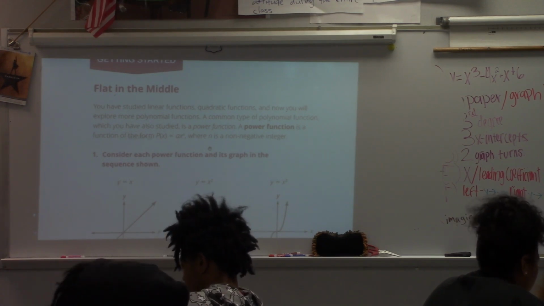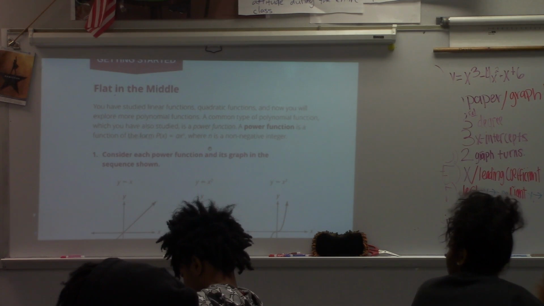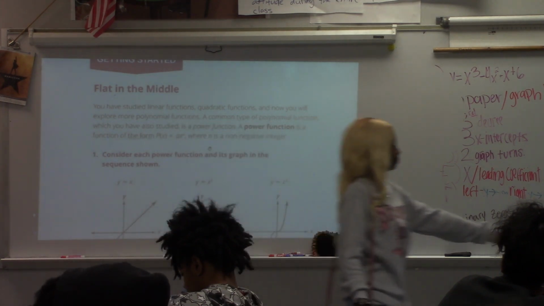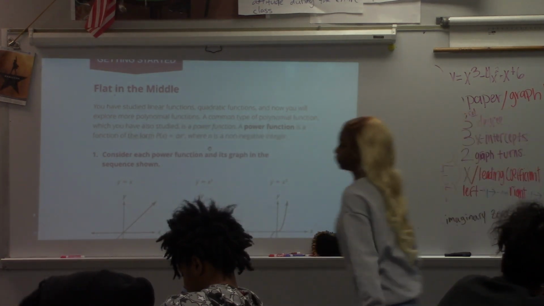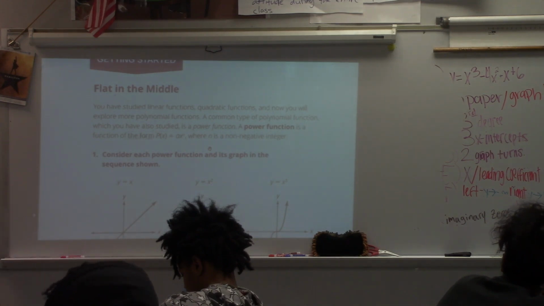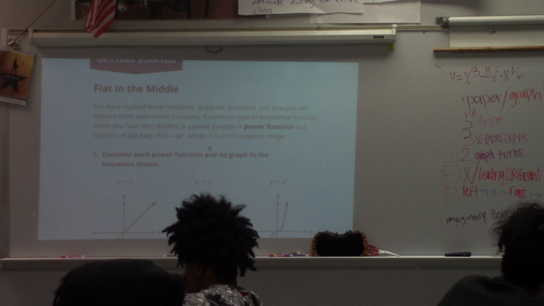A power function. When we say p of x equals a times x to the n, what does that look similar to? When we just looked at those polynomials, it started out as a times x to the n plus b times x to the n minus 1.